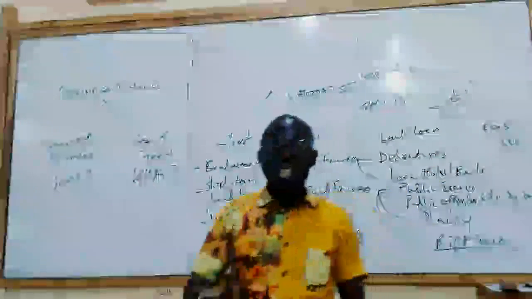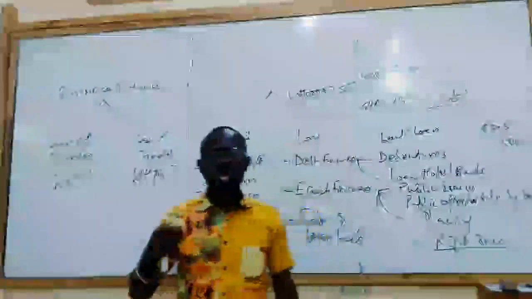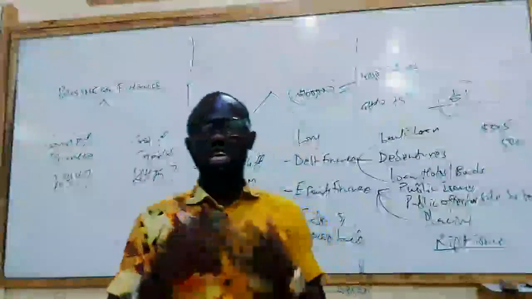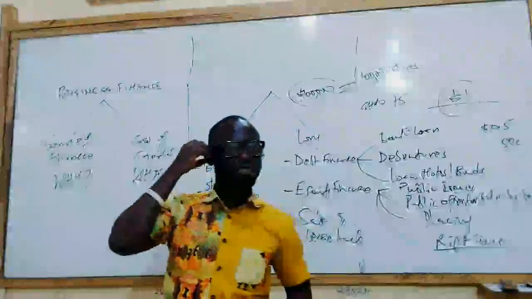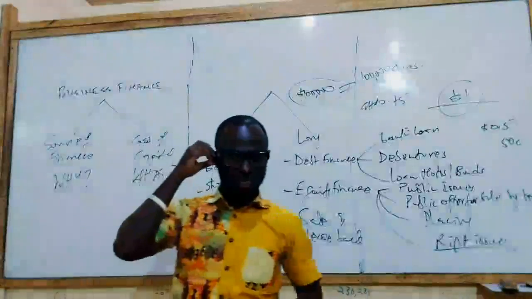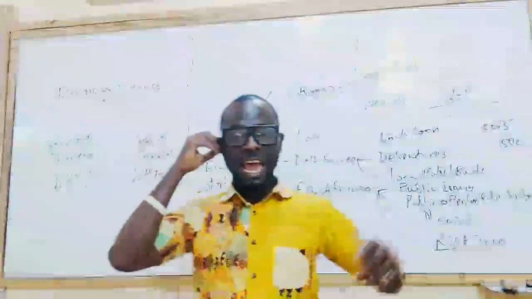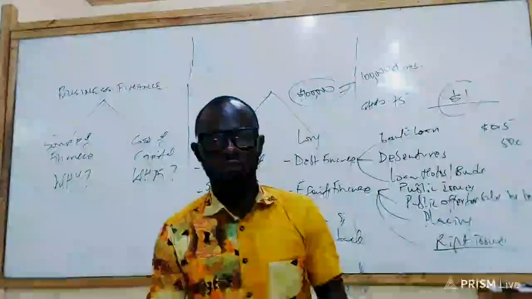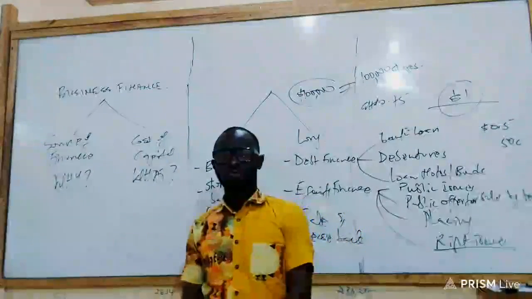So when it comes to sale and leaseback, why is it a source of finance to the company? This is how the sale and leaseback concept works. For instance, an entity has an asset. It could be a factory, it could be their head office, but they need money.